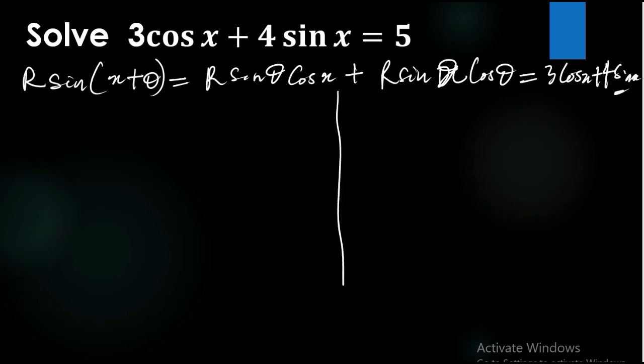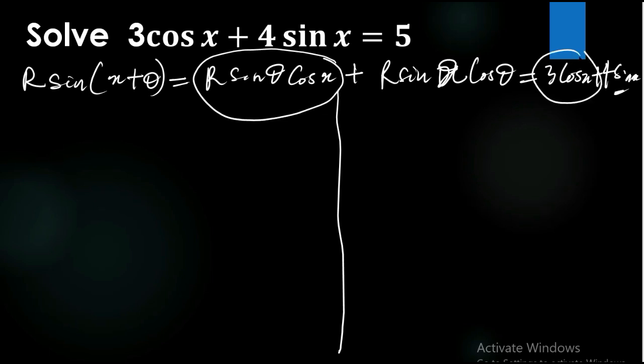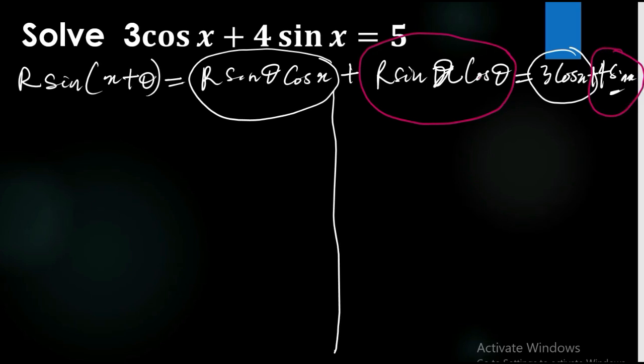Now, if this is equal to 3 cos x plus 4 sine x, I can begin to group them by equating each part. This first part, I'll equate to where I have my cos x. This part also, I'll equate to where I have my sine x.